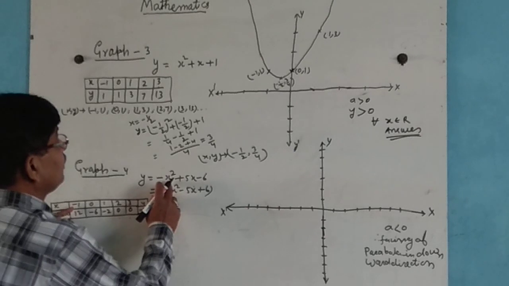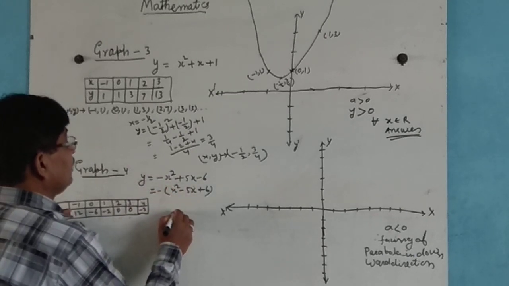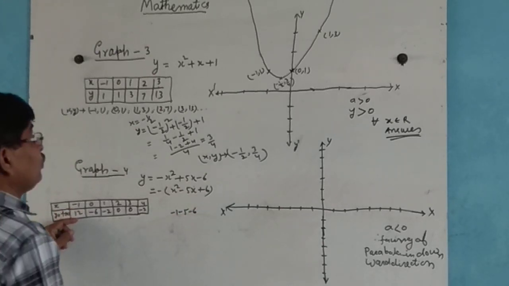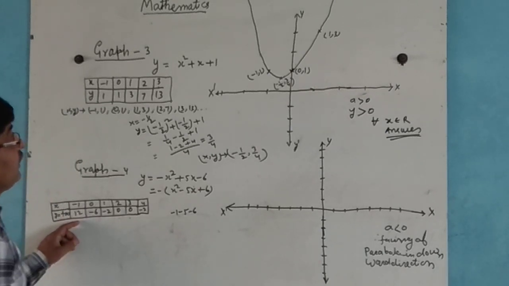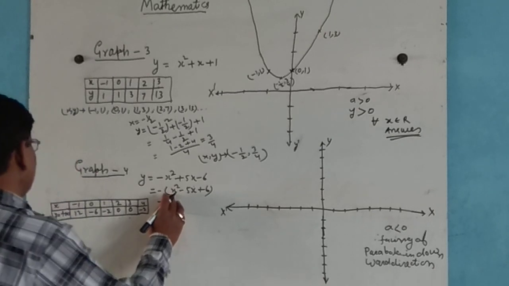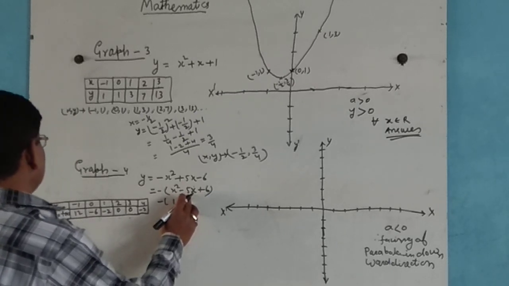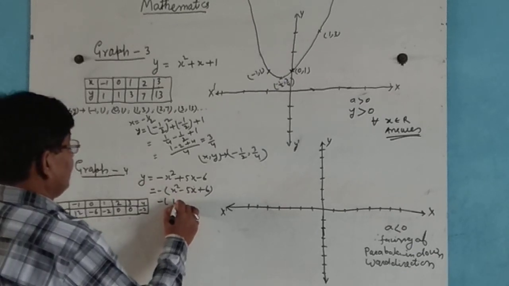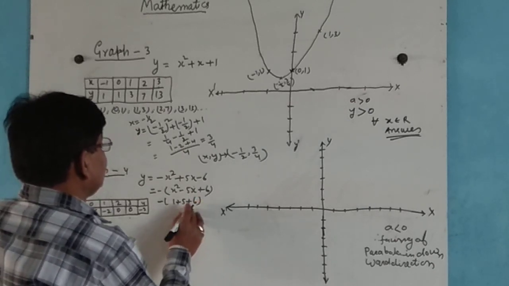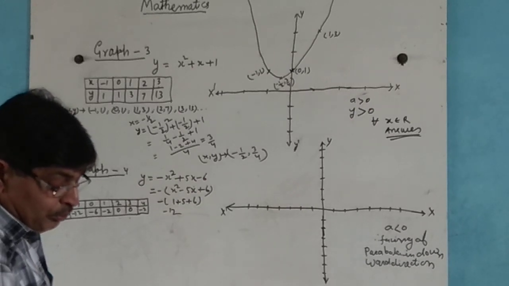If x is equal to minus 1, that is minus 1 squared is plus 1, so minus 1, minus 5 and minus 6, that is equal to minus 12. This value is equal to minus 12.